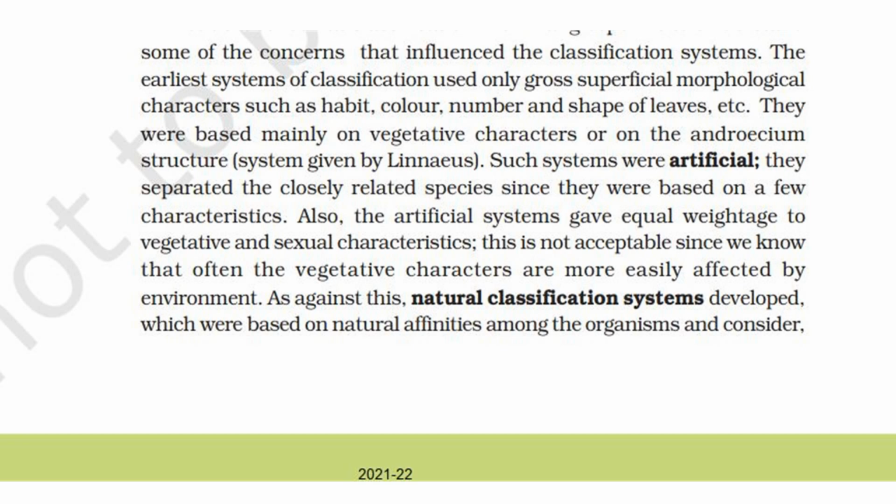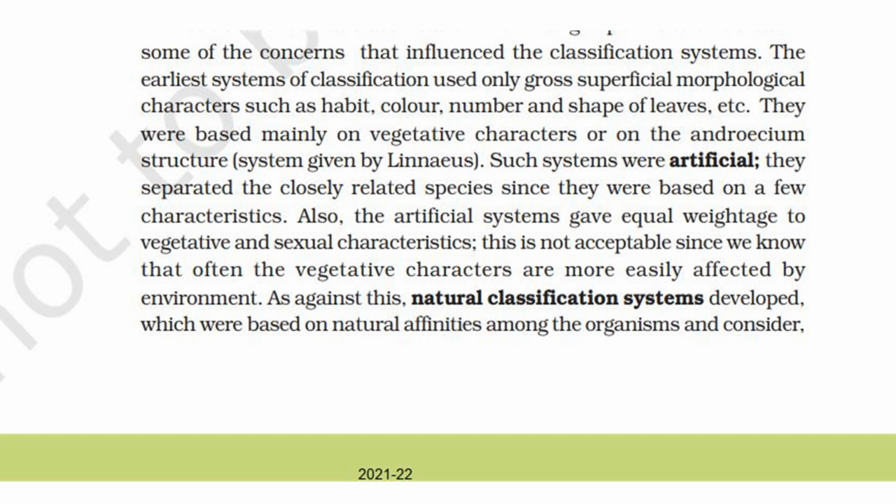Such systems were artificial. They separated the closely related species since they were based on a few characteristics. Also, the artificial systems gave equal weightage to vegetative and sexual characteristics. This is not acceptable since we know that often the vegetative characters are more easily affected by environment.